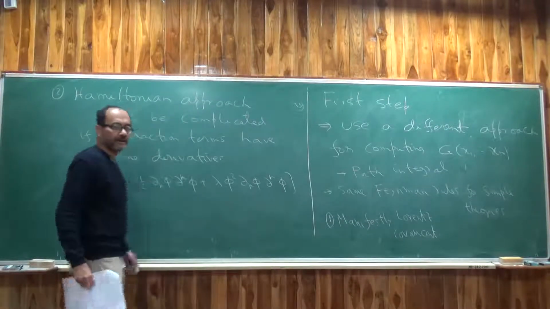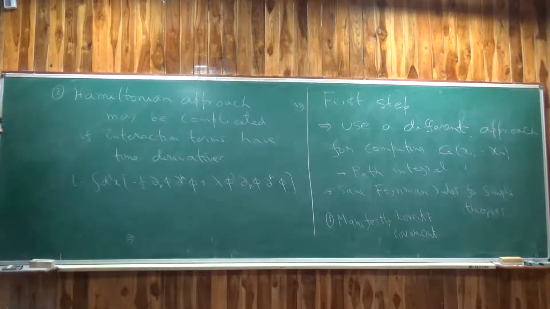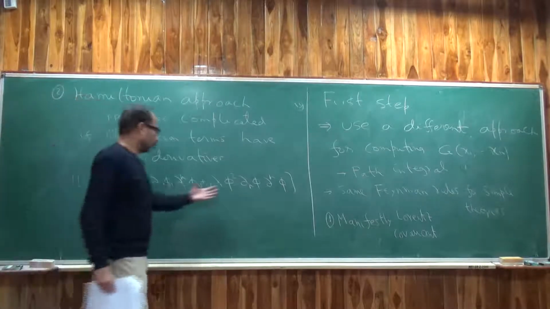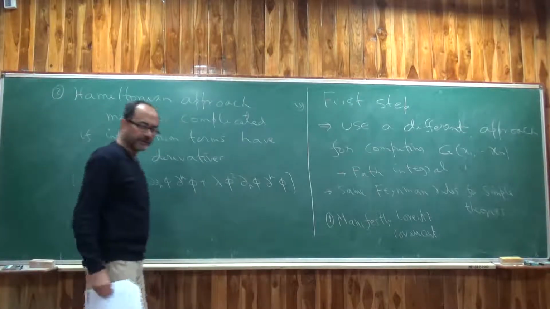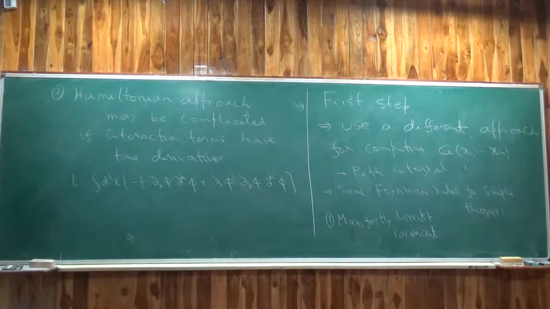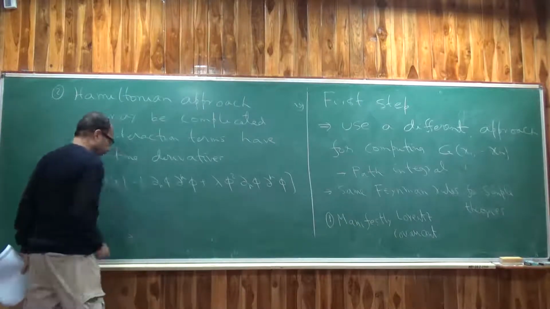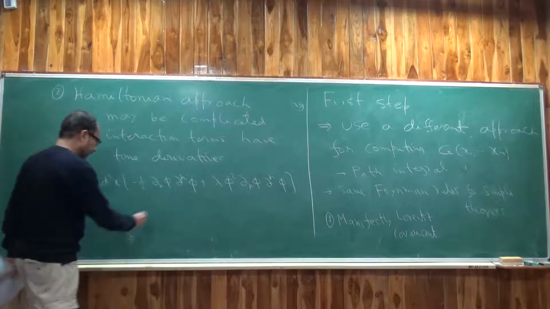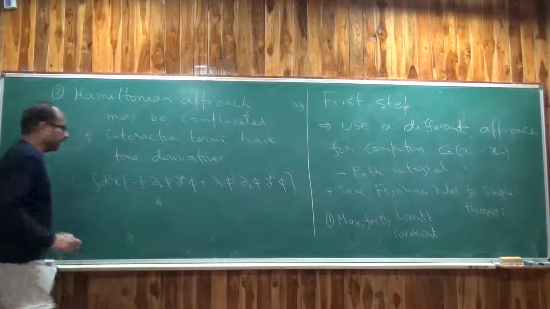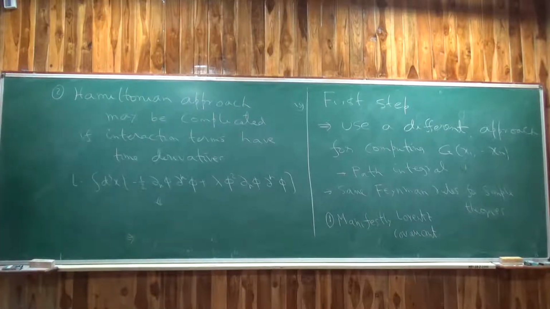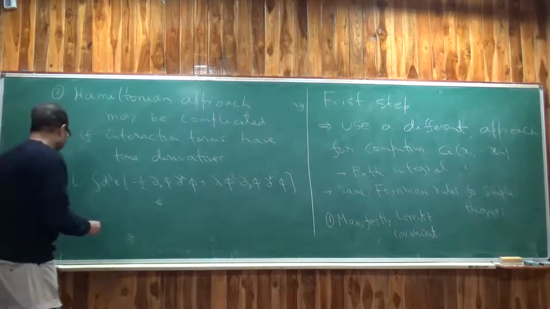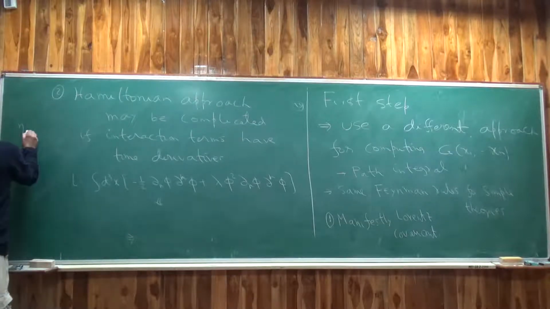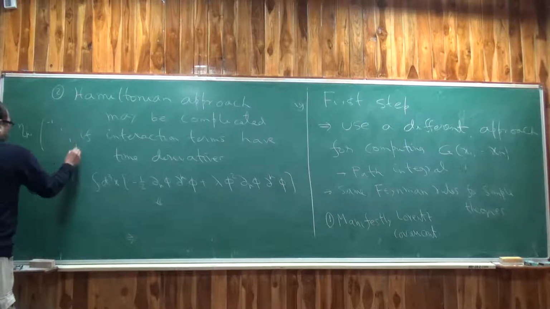It's quartic order in phi. And now suppose you want to treat this in the Hamiltonian formulation. So let's single out the time part. My notation will be that eta 0 0 is -1, everything else is +1. So eta mu nu in my notation is a matrix -1 1 1 1.